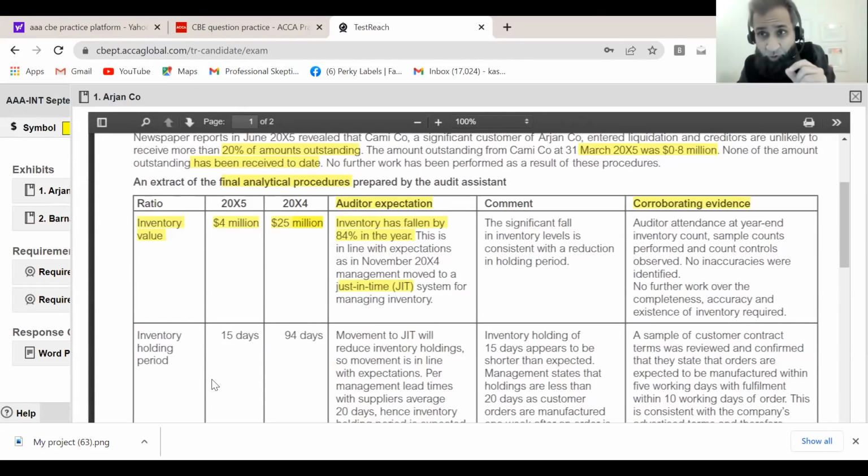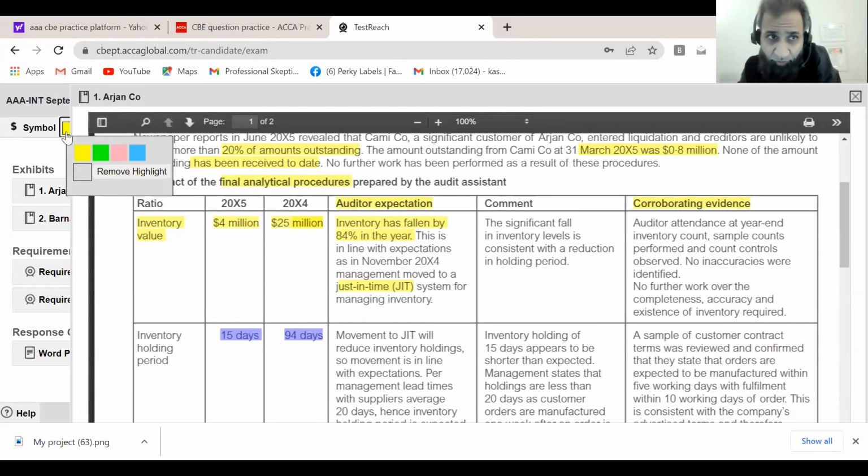So the auditor's conclusion is perfectly fine that the reason for falling inventory is that the management has moved to just-in-time. The significant fall in the inventory level is consistent with a reduction in the holding period. Your holding period has gone down from 94 days to 15 days.